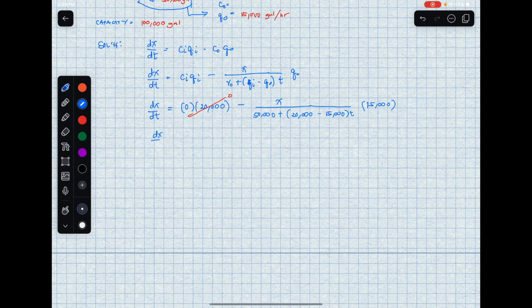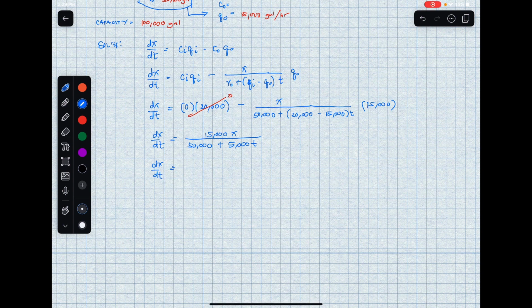So dx over dt will be equal to 15,000 times x divided by 50,000 plus 20,000 minus 15,000, which is 5,000, times t.